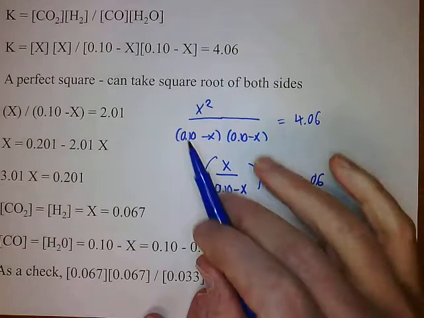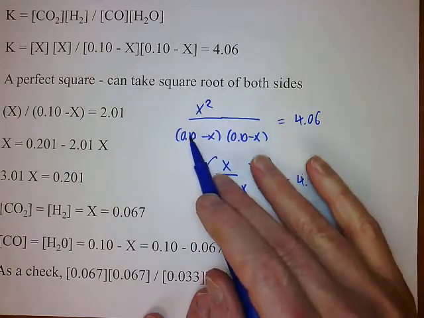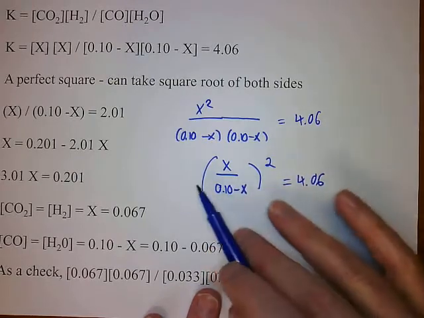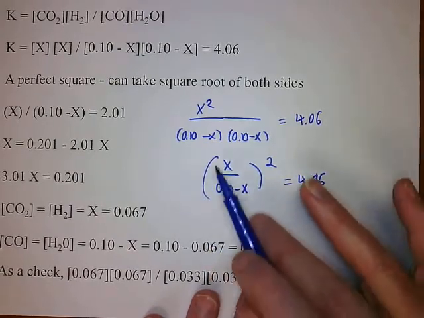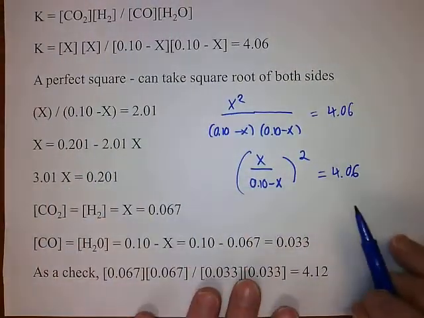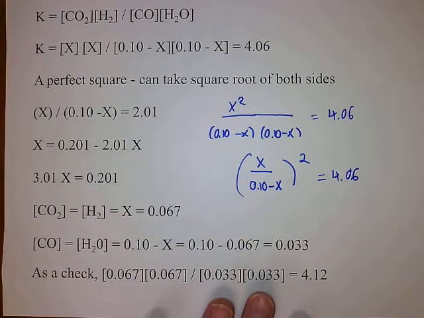Right? We could rewrite this as x divided by 0.10 minus x times x over 0.10 minus x, which is x over 0.10 minus x squared. Now we can simply take the square root of both sides.